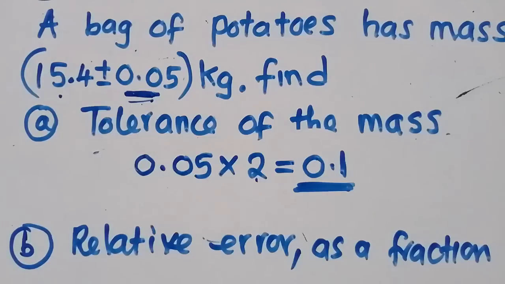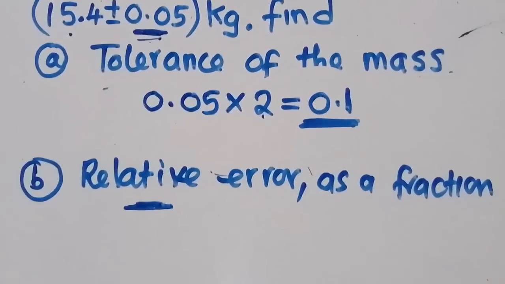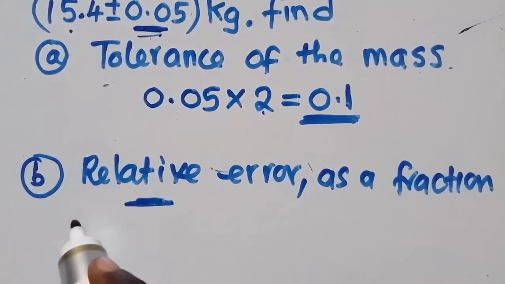So how can you answer? The key thing which we are given is the absolute error. Absolute error is very important. It will be used even on this question where we are told to find the relative error. What is the formula for the relative error?